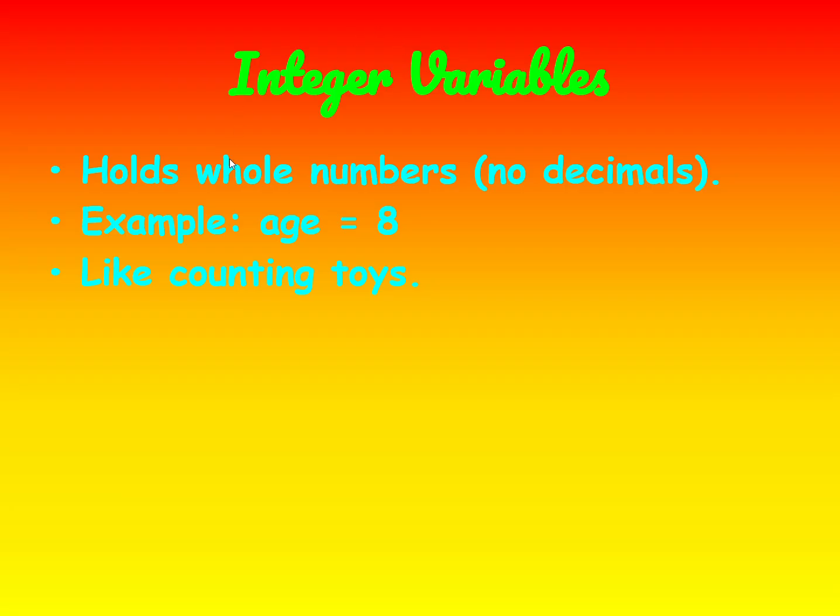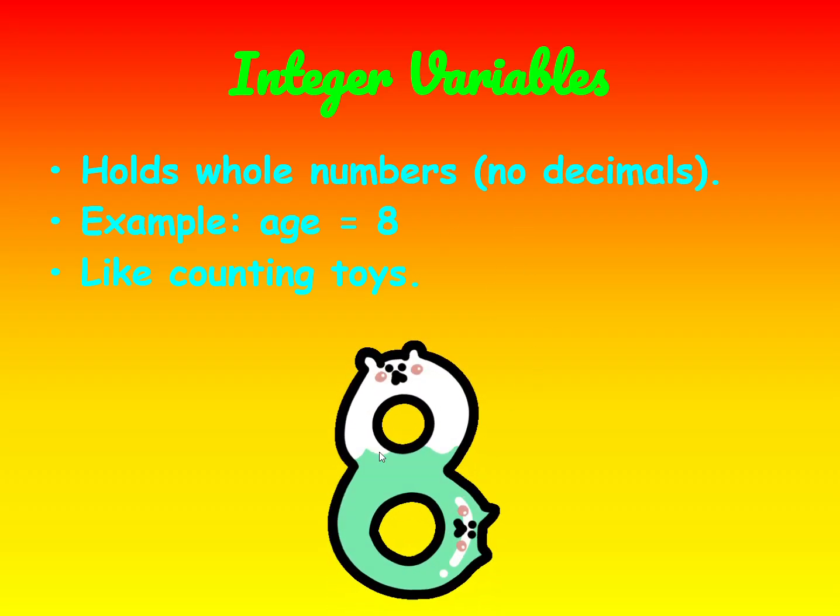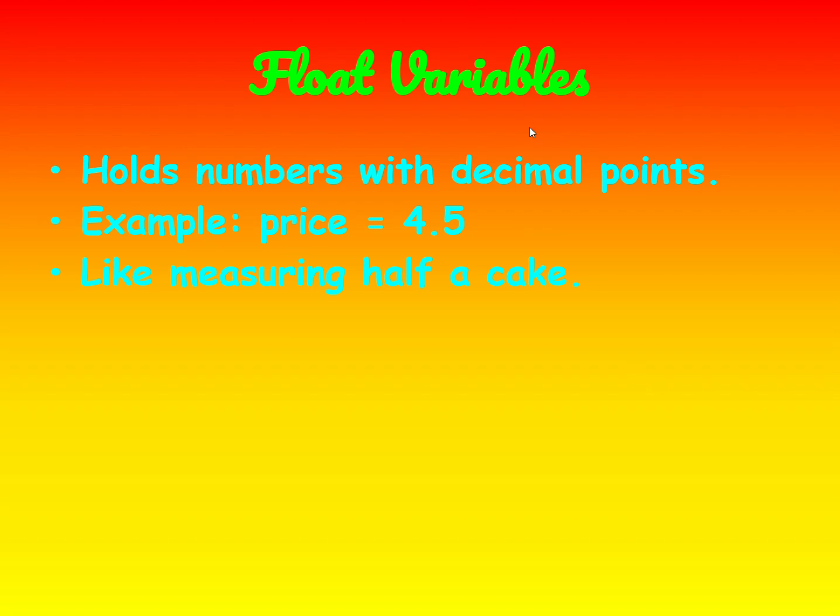You can use them for counting toys, counting how many people in a school gave an exam, or how many total kids are in a school, adding boys and girls, something like that. Okay, this is a random 8 dancing. I don't know why I wanted 8, but oh yeah, I guess because the age is 8. Float variables are basically with decimal points, same as integers, but with decimal points.